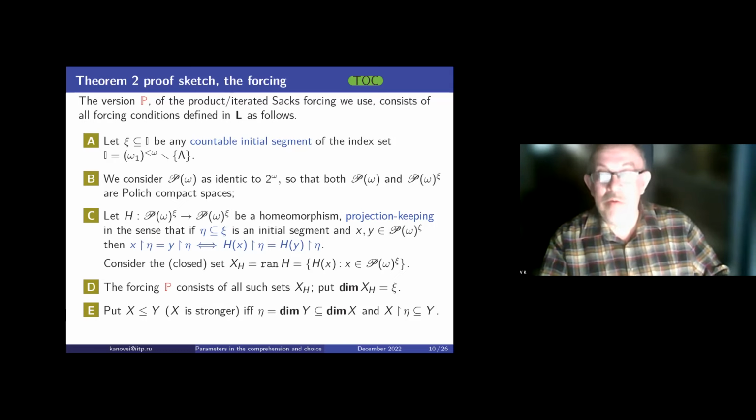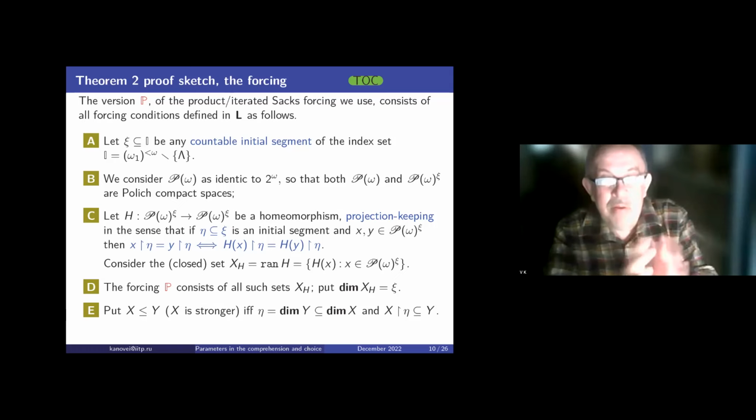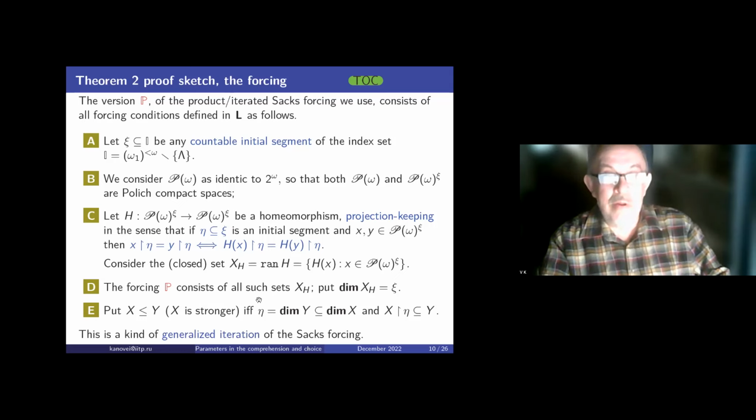So this means stronger. So we just extend dimension, but make it slimmer in just previous dimension. So this is the complete definition of the quotient. Well, it is called sometimes generalized, sometimes arboreal iteration of the Sachs quotient.